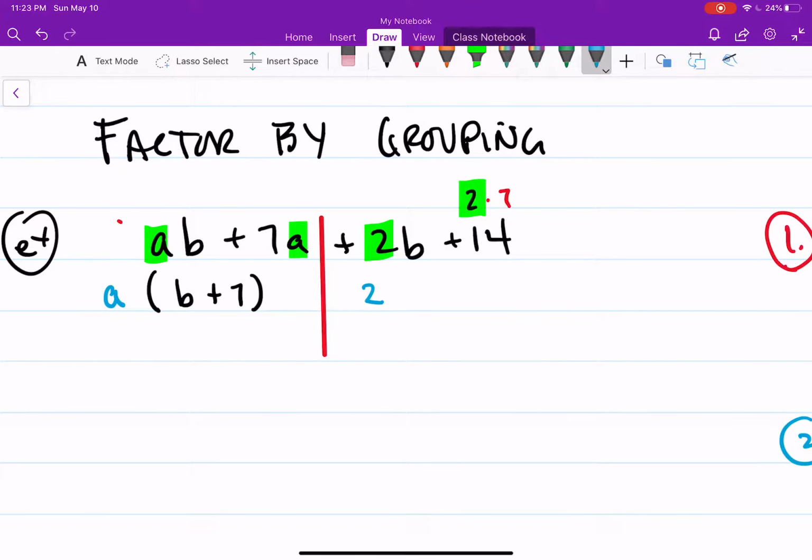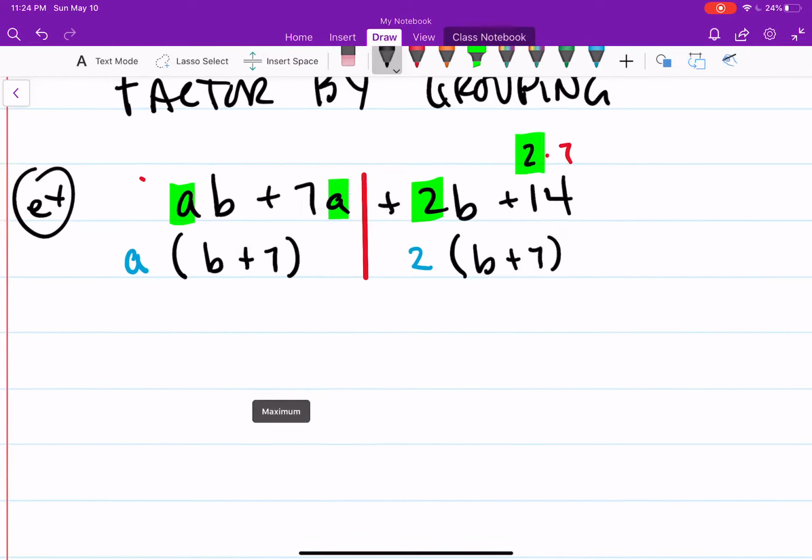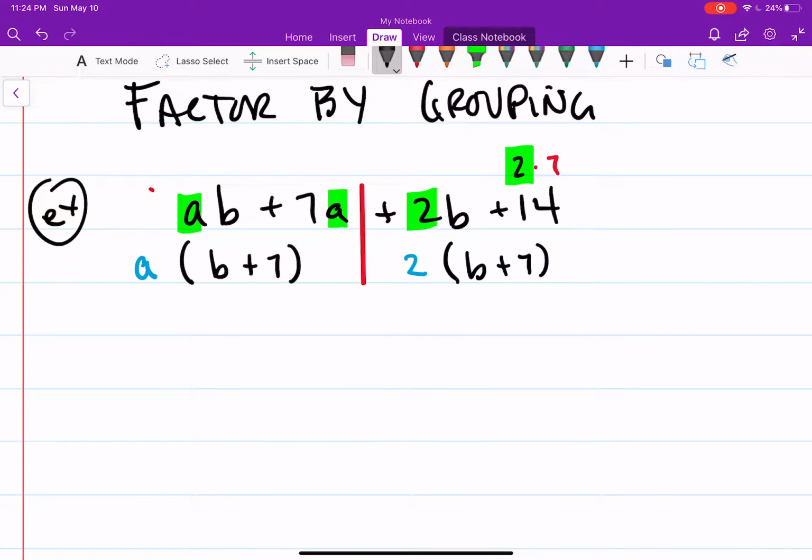And then what's left? b plus 7. And I want you to notice that the two parentheses look the same. And it's always going to look the same, just so you guys know, okay?